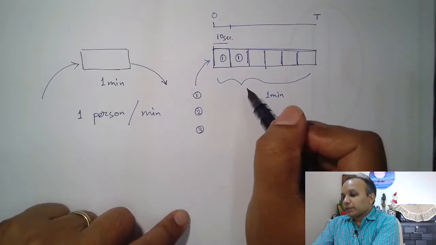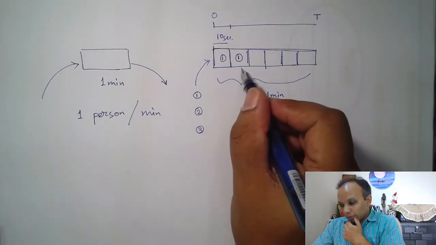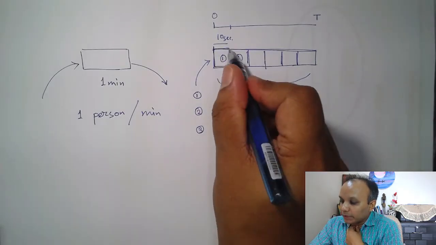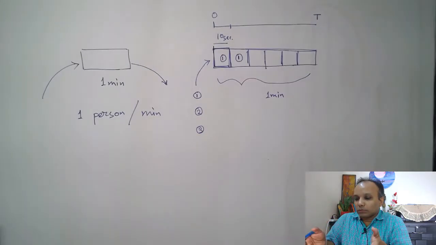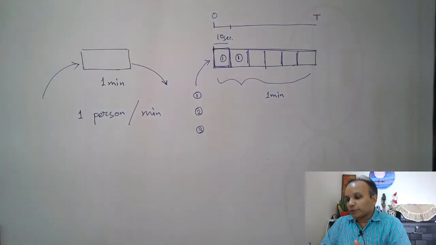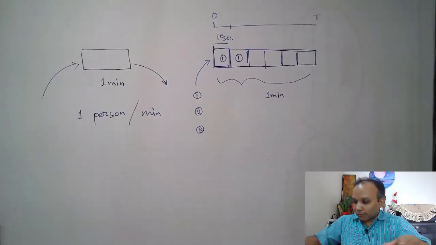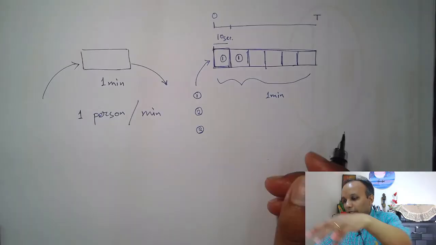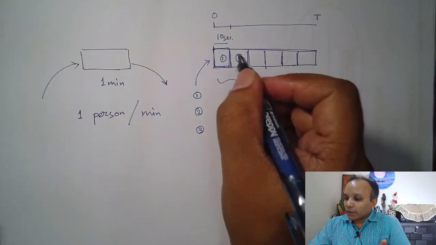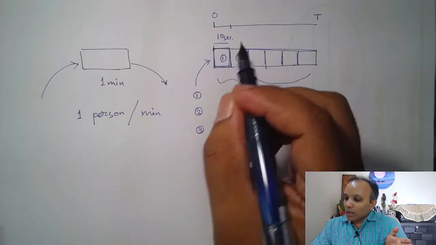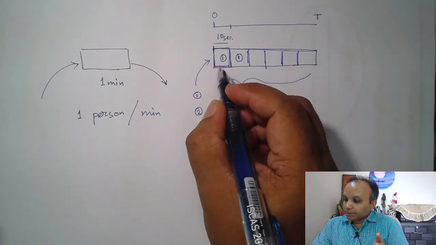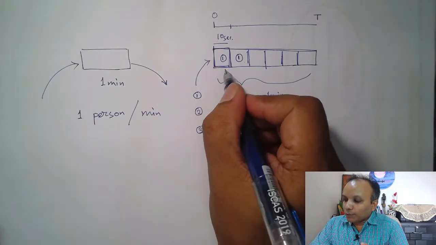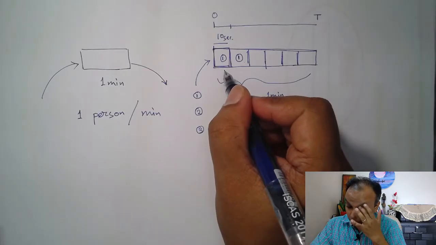Now, what happens in the same duration? This counter is now empty. For visualization, you can think of walking through a buffet, and these are different items kept there. As the first person moves to the second counter, the second person will move to this counter.